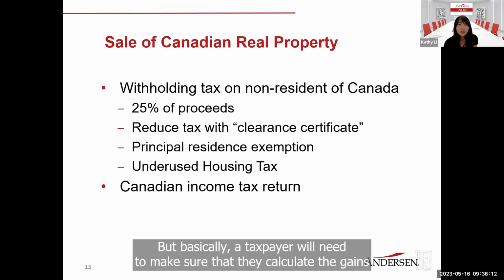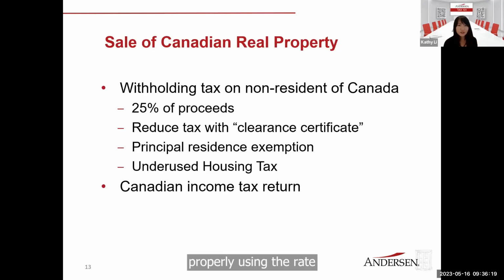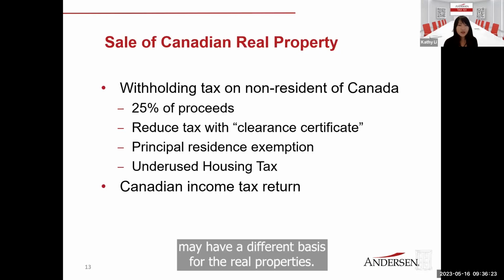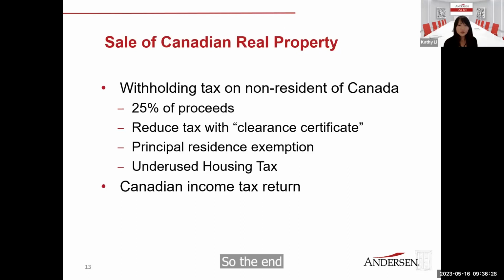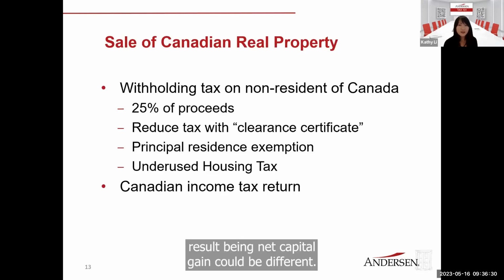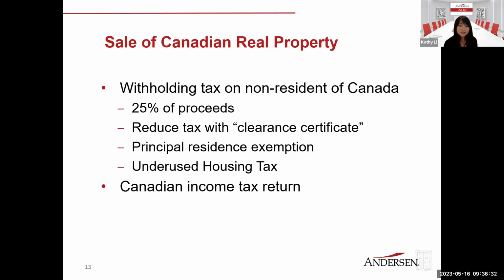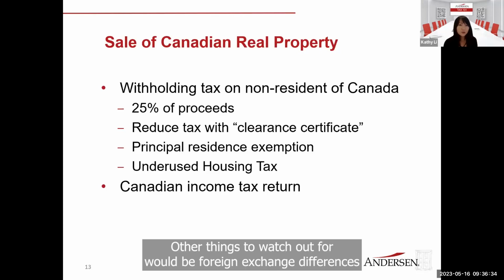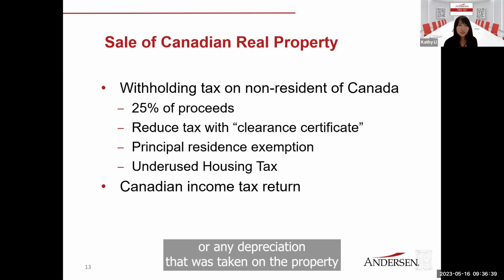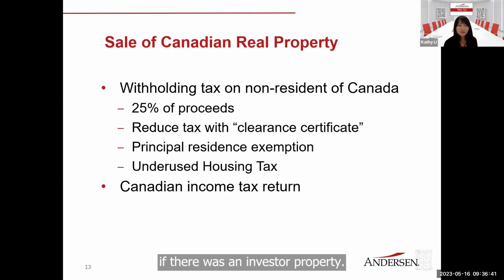But basically, a taxpayer will need to make sure that they calculate the gains properly using the right basis, because the two countries may have a different basis for the real property. So the end resulting net capital gain could be different. Other things to watch out for would be foreign exchange differences or any depreciation that was taken on the property if there was an investment property.